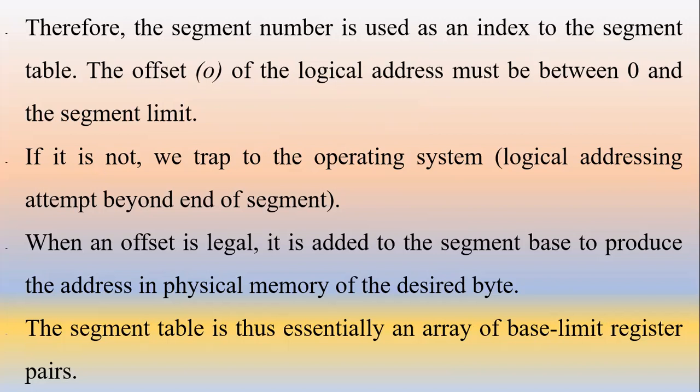When an offset is legal, it is added to the segment base to produce the address in physical memory of the desired byte. The segment table is essentially an array of base-limit register pairs.